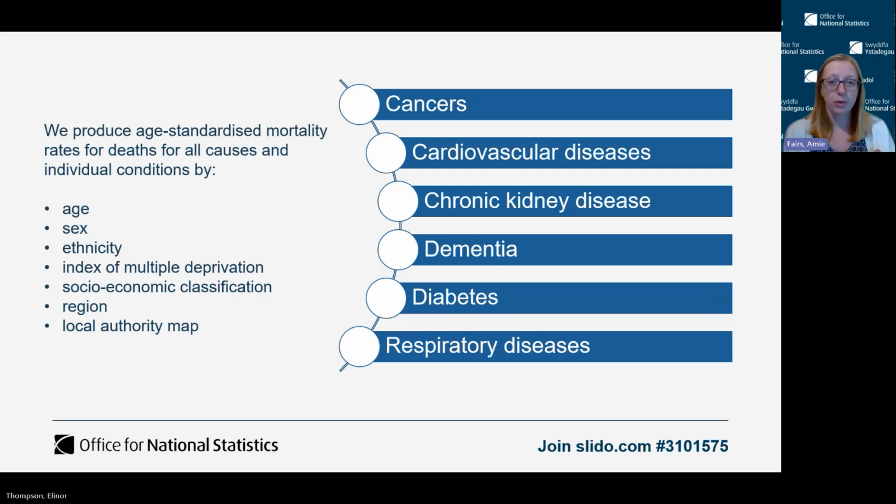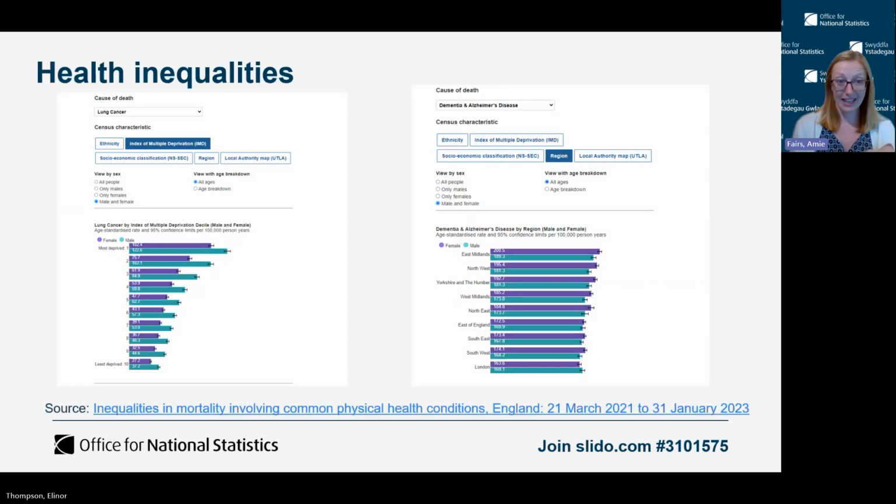And so I'm going to show you the kind of low-level information that we can look at when it comes to health inequalities. So if we look here on the left-hand side, what I have chosen to show you here is mortality rates for lung cancer. And so this is numbers of people who have died, but standardized over a course of lung cancer.